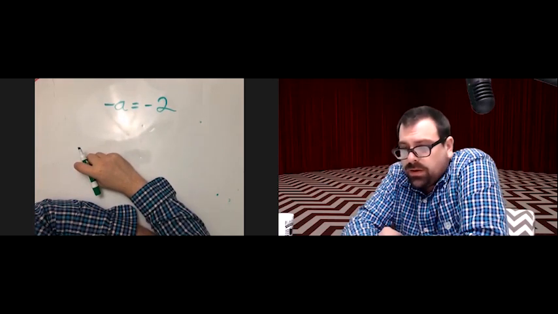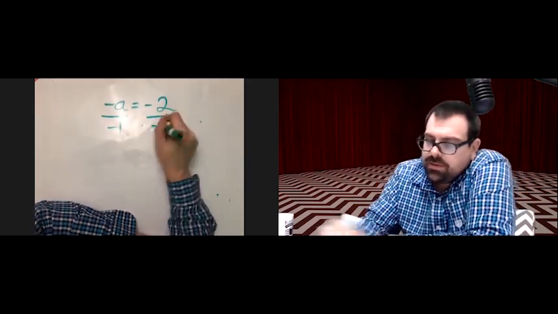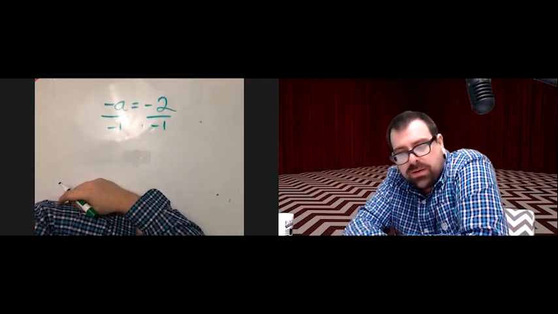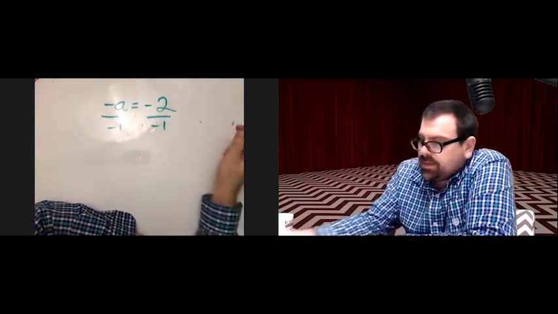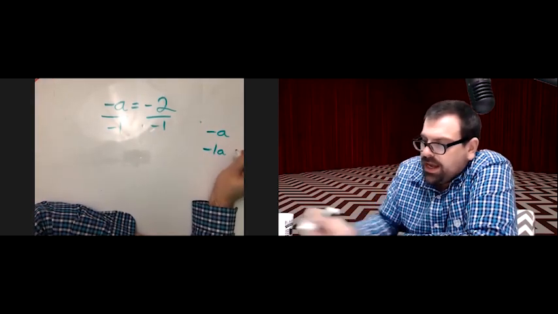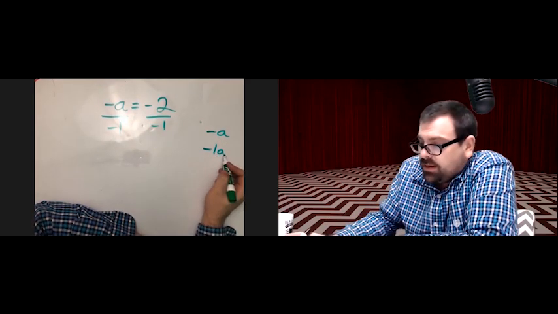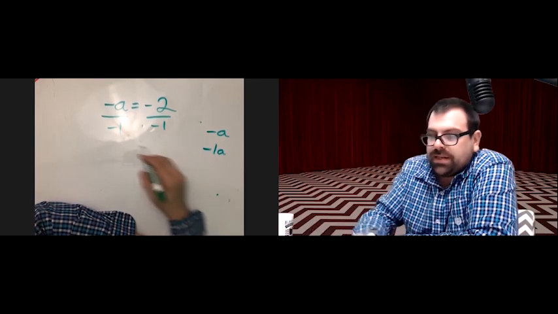Well, here we're going to divide both sides by -1, because negative a, recall, is actually -1a, which means -1 times a. What's happening to the variable? It's being multiplied by -1. Do the opposite.